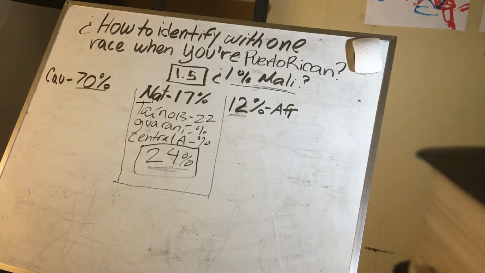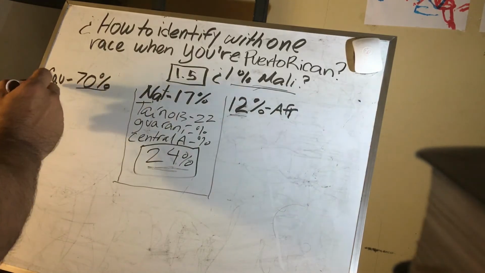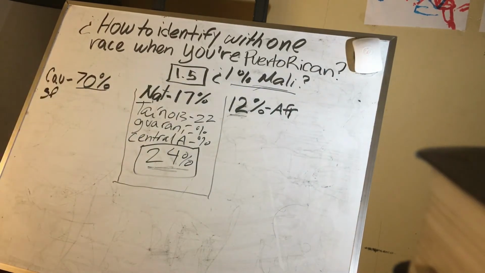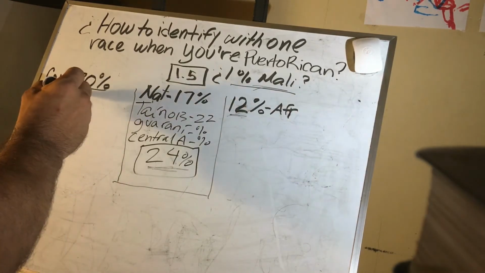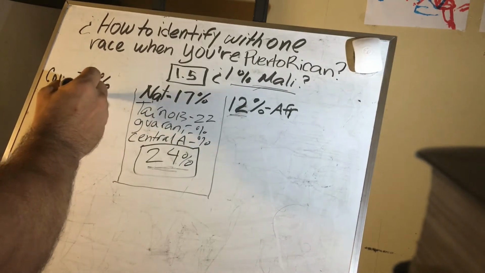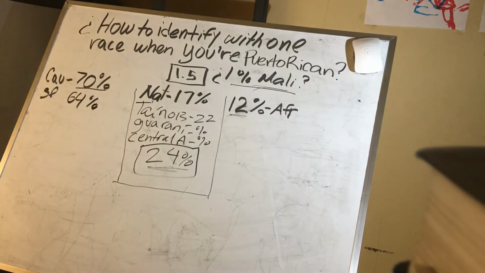My highest percentage for Caucasian was Spain. And if I subtract the 37% down to 31%, my total Caucasian percentage goes down to 64%. My second highest Caucasian percentage was Portugal at 14%, but it may range down to 5%.